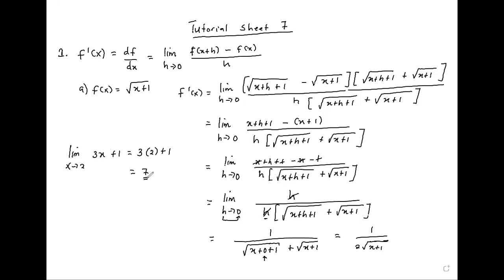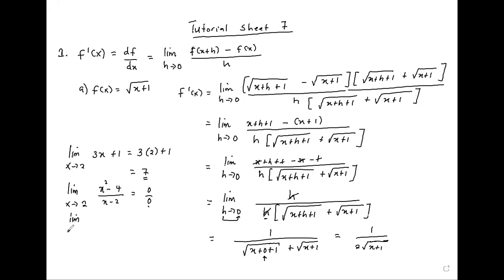Now, when we fail to get the limit directly, if it was the limit as x goes to 2 of x squared minus 4 over x minus 2, what do we do? If we try to substitute directly here, it will be 0 over 0. So we avoid the 0 in the denominator by factorizing the numerator.